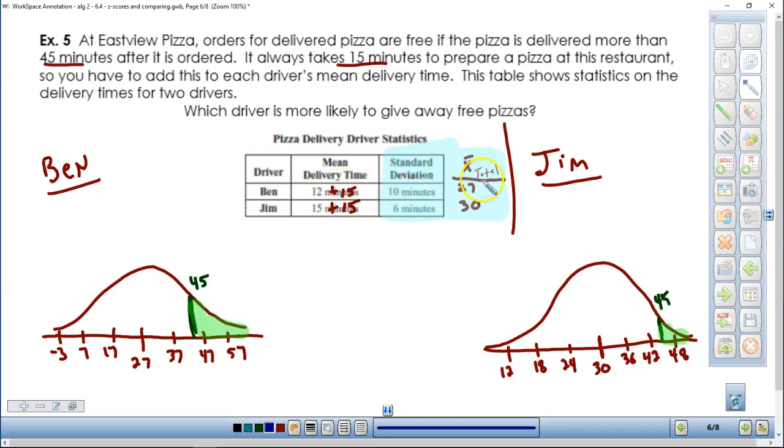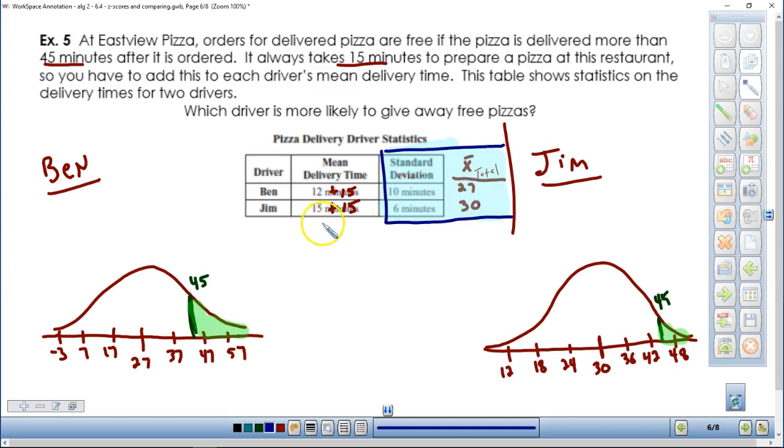So I'm adding 15 to both of those to get a new mean of 27 and 30. This table shows the statistics on the delivery times for the two drivers. So we're going to assume that these standard deviations are for the delivery time and the pizza making time together, and use those with our full amount of time to get the pizza to the customer.